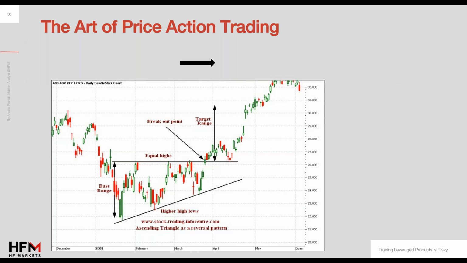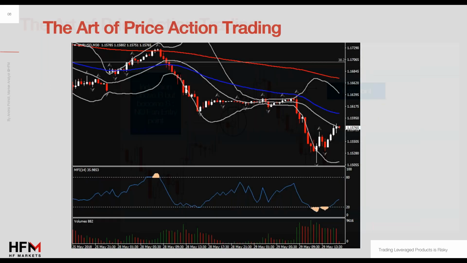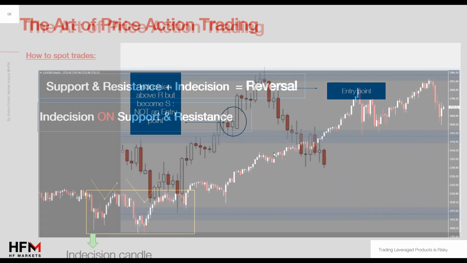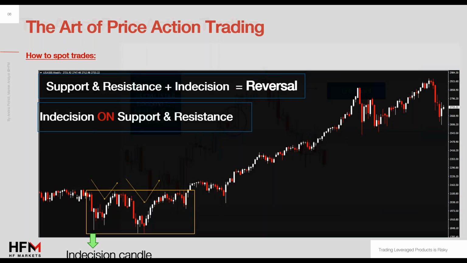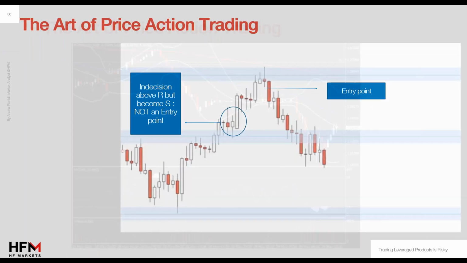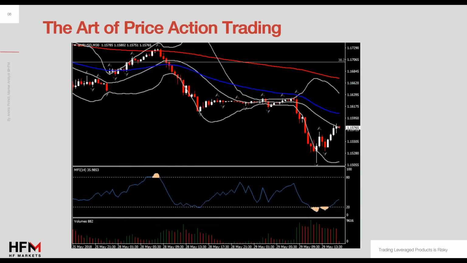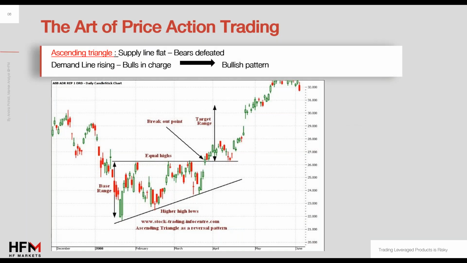The sideways movement is not always stuck into a barrier. Sometimes it's with some patterns, such as descending triangles, ascending triangles, head and shoulders, pennant, flags, etc.